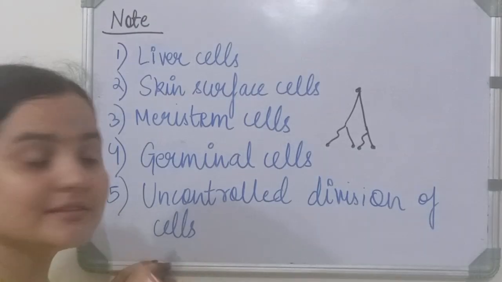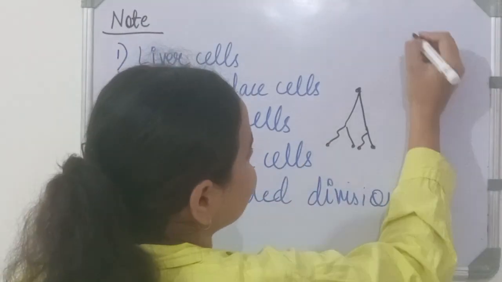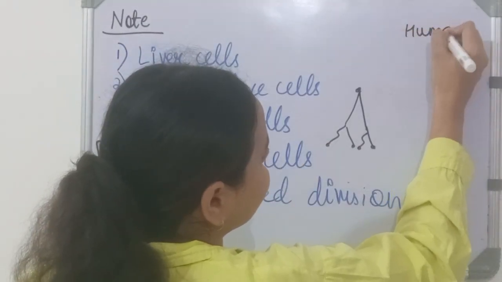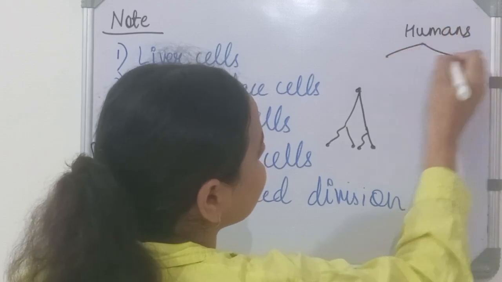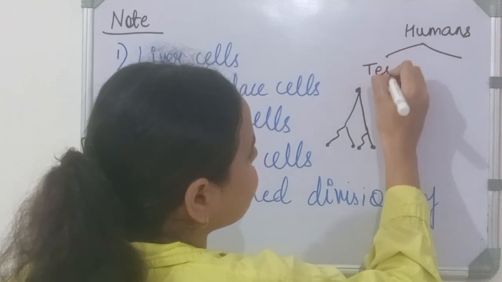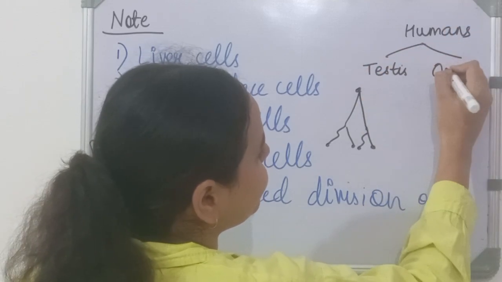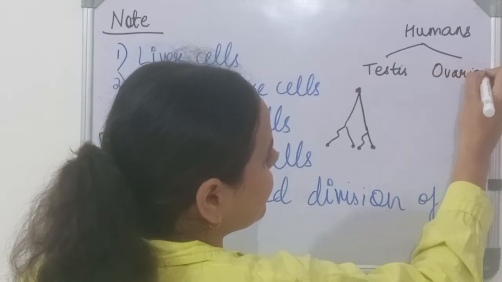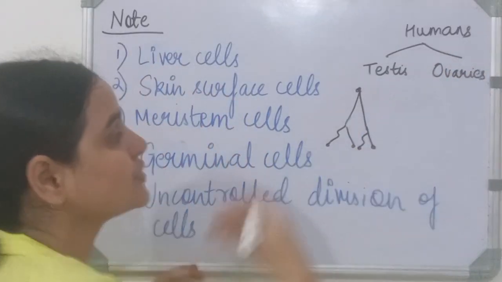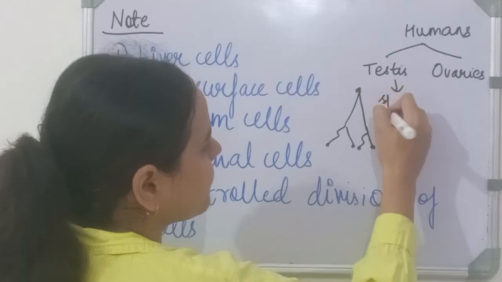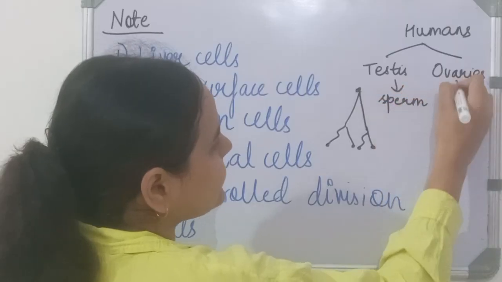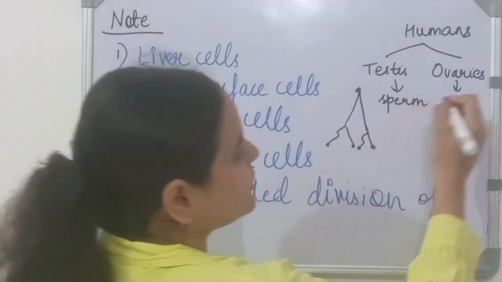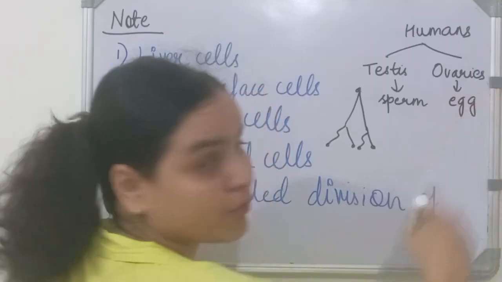So in case of humans, males have testes and females have ovaries. So the testis produces sperm and the ovary produces egg or ova.